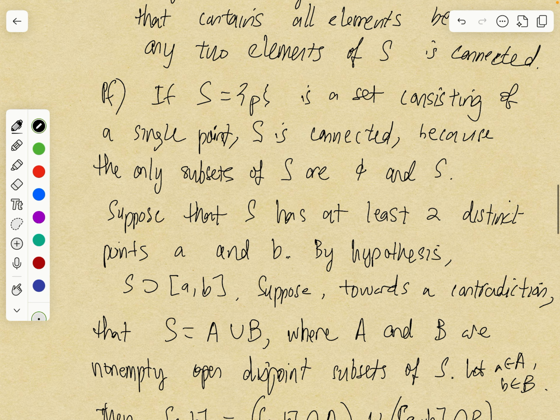I think we actually, even though these are true, we probably don't need these statements, right?